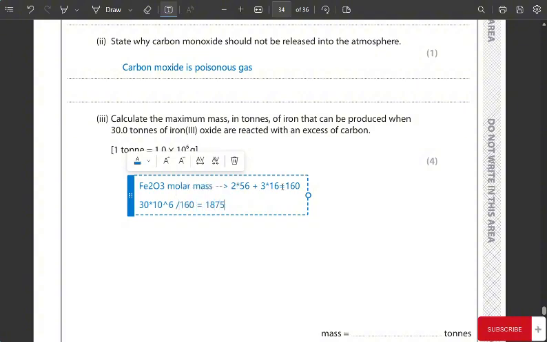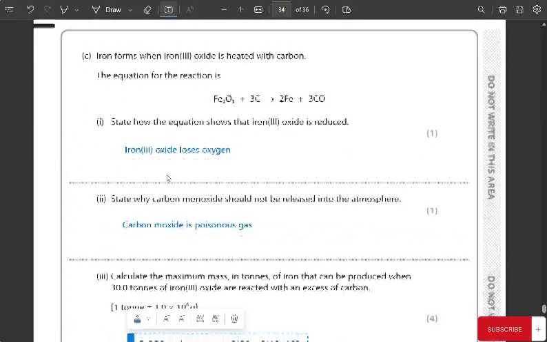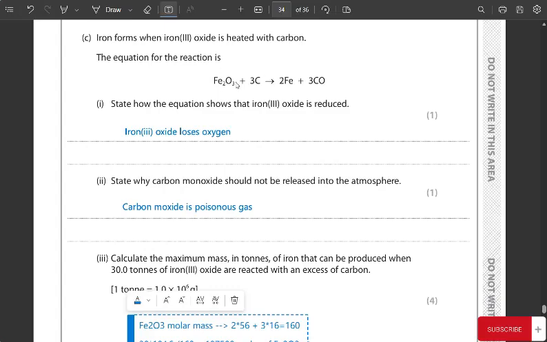And there are 187,500 moles of iron(III) oxide, and we will multiply it by 2, and it equals 375,000, because of the ratio I multiply by 2.